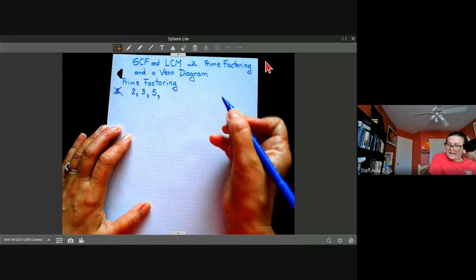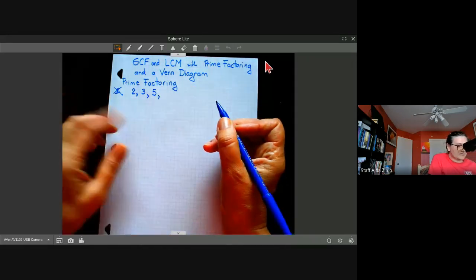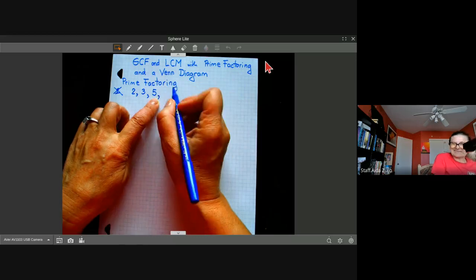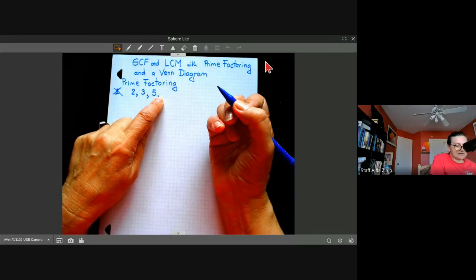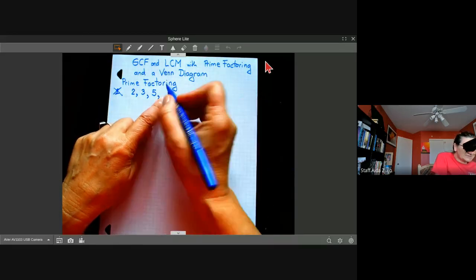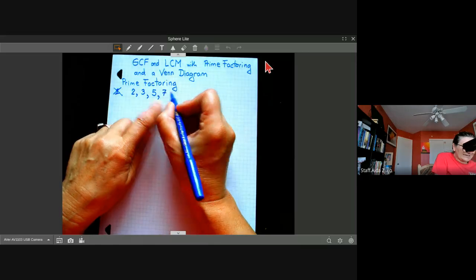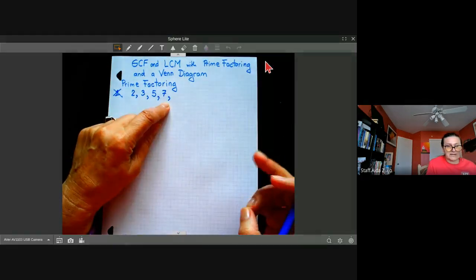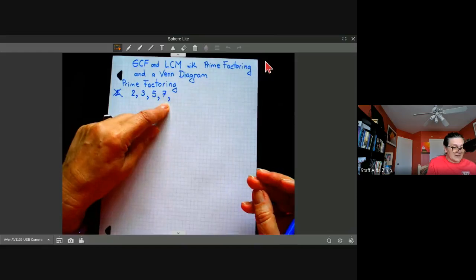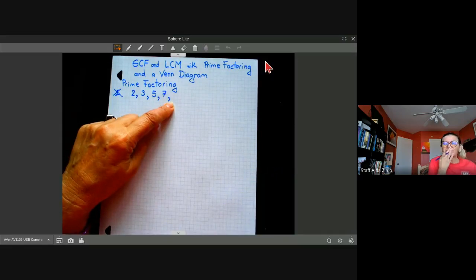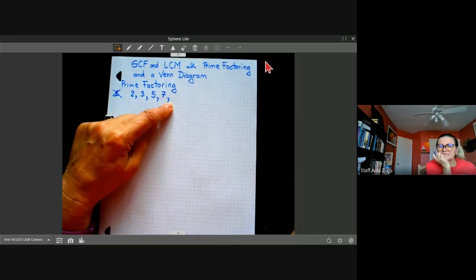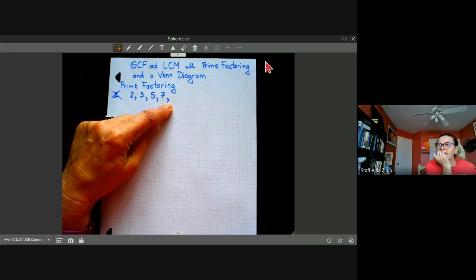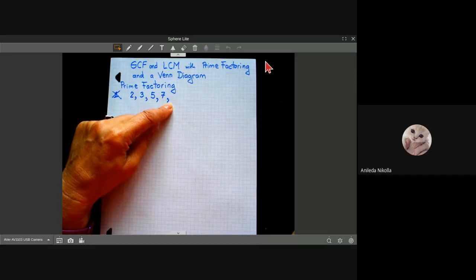I'm going to do a few more: 2, 3, 5 are prime. 6 is not, because 2 times 3 and 1 times 6. 7 is prime. 8 is not, because 2 times 4 and 1 times 8. Is 9 composite or prime? Composite, because you can multiply 3 times 3 and 1 times 9.